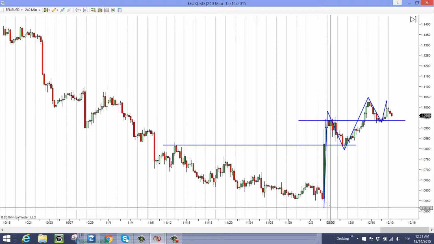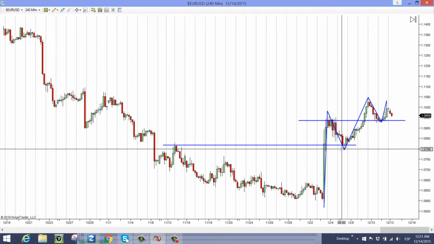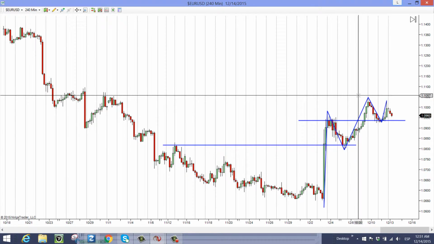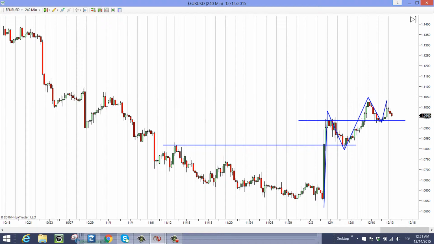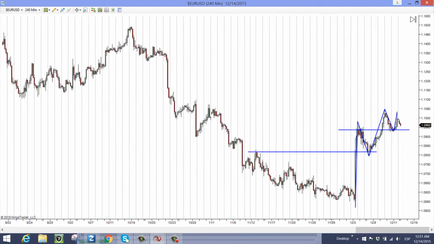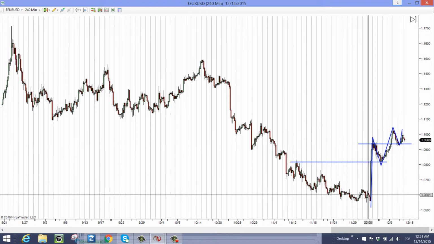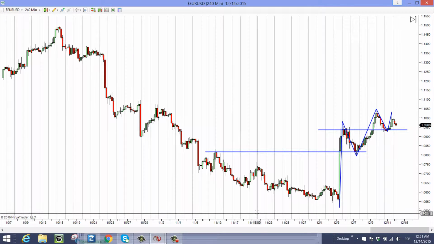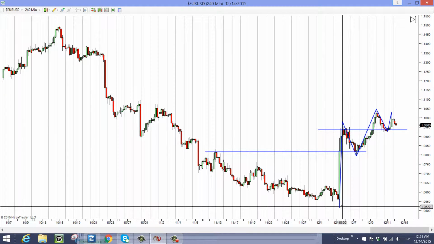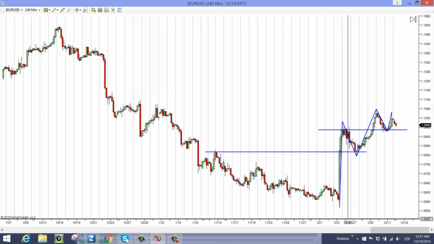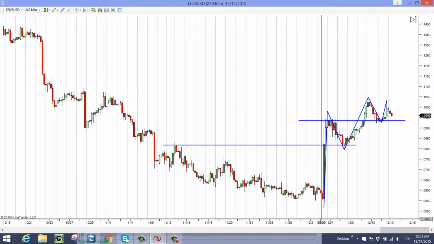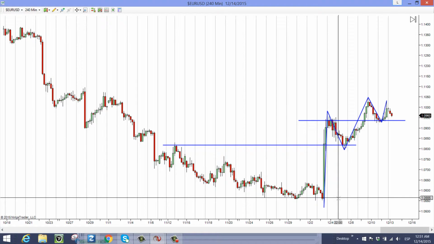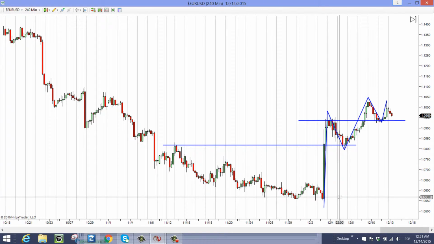Look at this: initial starting point, new structure high, outside return, new structure high. This is a bullish move. Before we were bearish all this time, but now the market is telling me that we are bullish. So if I'm a continuation trader and the market is bullish, I want to be bullish.